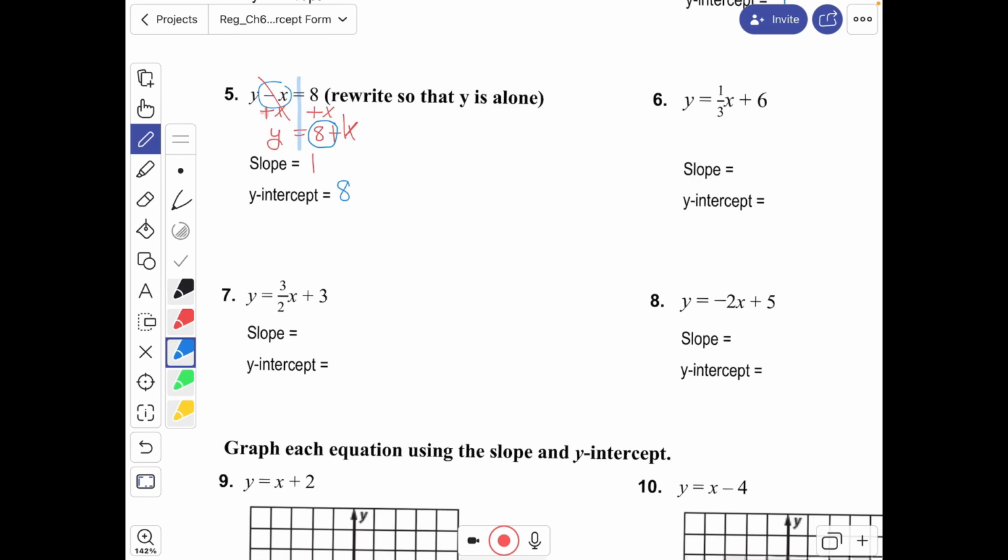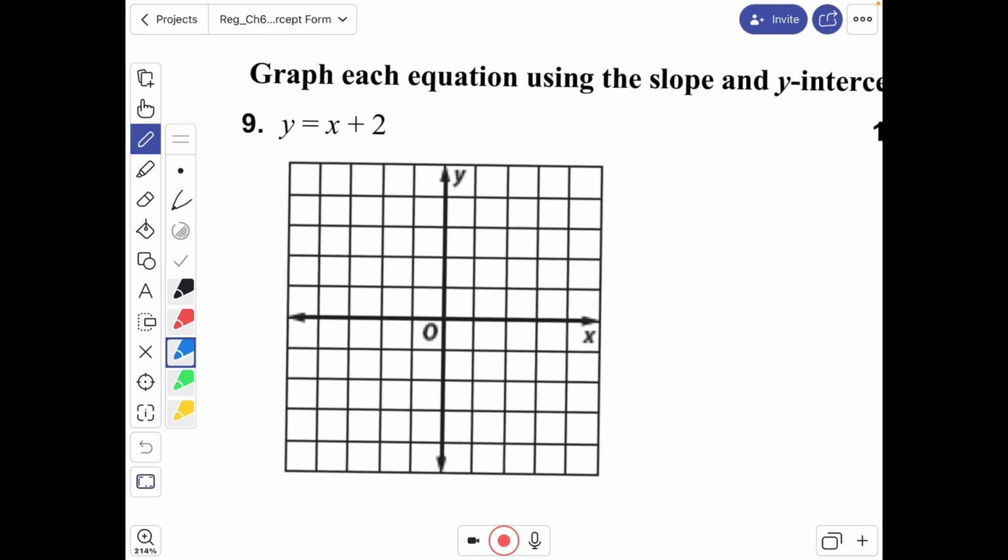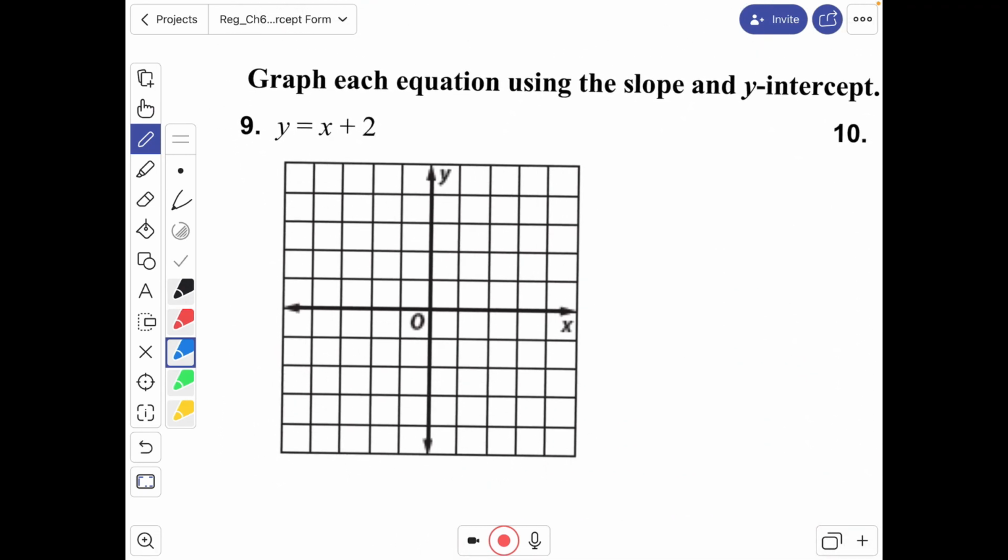Most of the equations are pretty easy. You do have to identify the slope and y-intercept for a line going through a graph. So I told you that this is the y-intercept. That means on the y-axis, I need to have a dot at the 2.